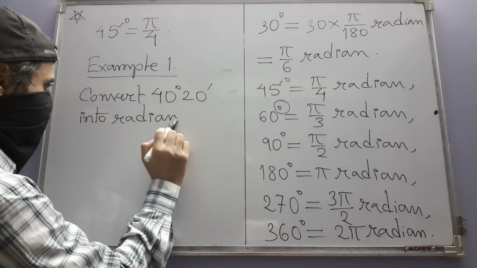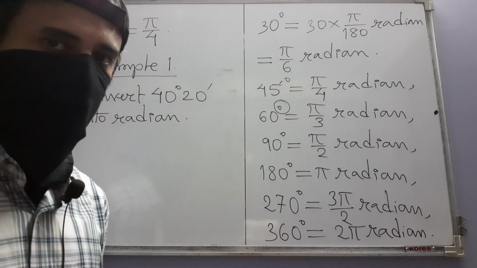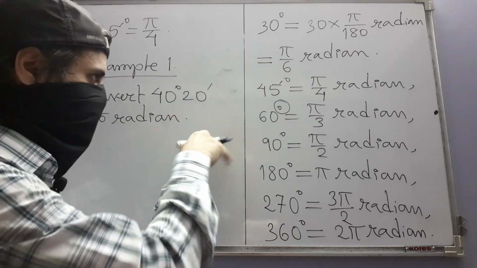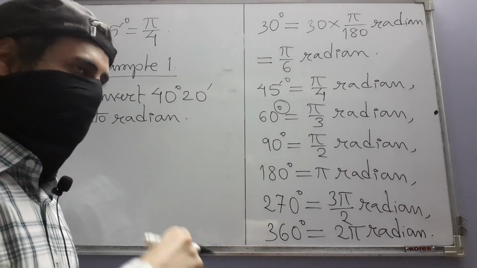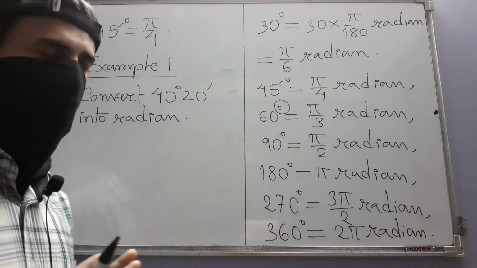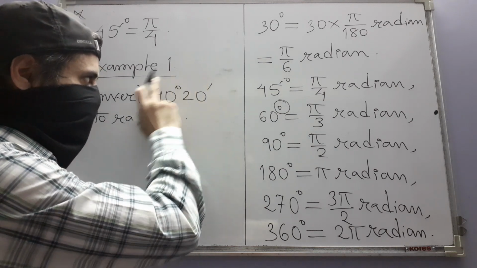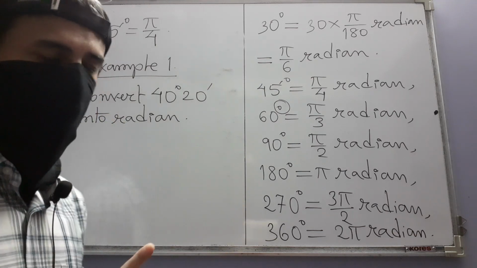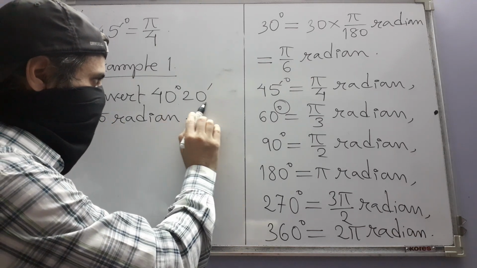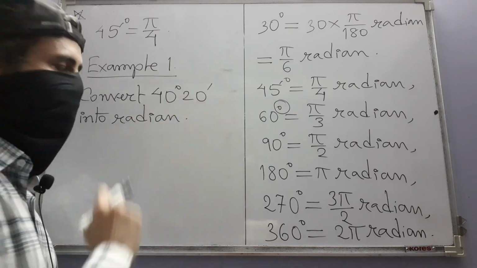You already know that in any such conversion, not just from degree into radian or radian into degree, but in any kind of conversion, you have to first of all change the value into one unit. Here there are two different parts of the unit: you have degree, but you also have minute.